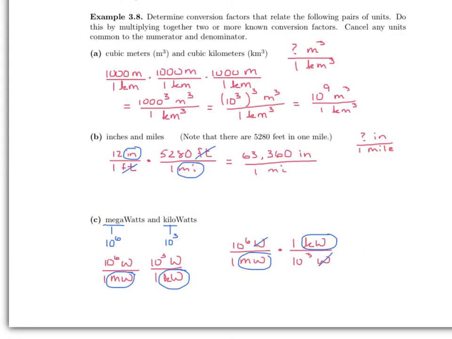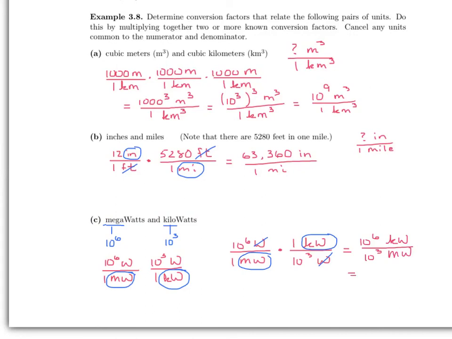So let's go ahead and finish this. If we multiply out the numerator, we get 10 to the 6 kilowatts, and in the denominator we get 10 to the third megawatts.